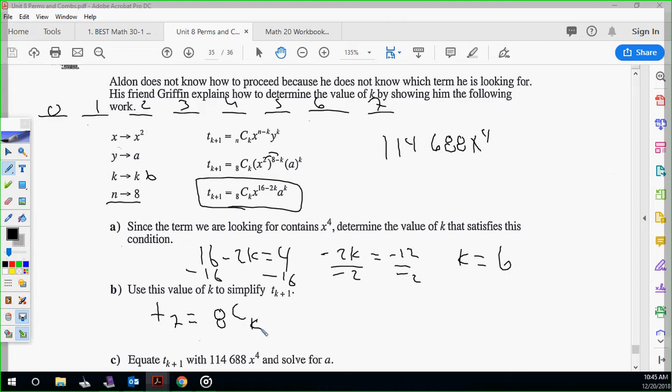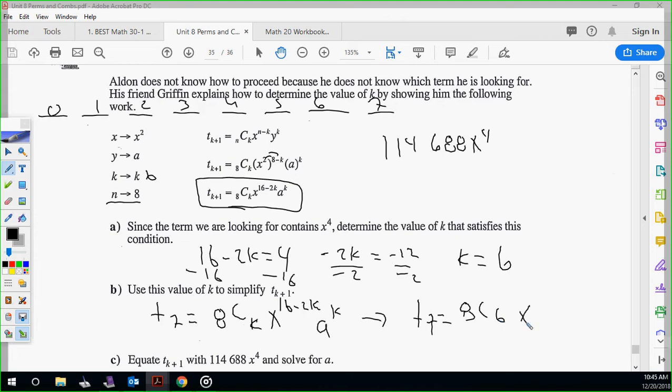Okay, so we have this. They're writing this out from stuff we already know. And then a to the k. But we know what k is. So it's going to be this. T of 7 is 8 choose 6. You said one less. Yeah, so you're right on that.